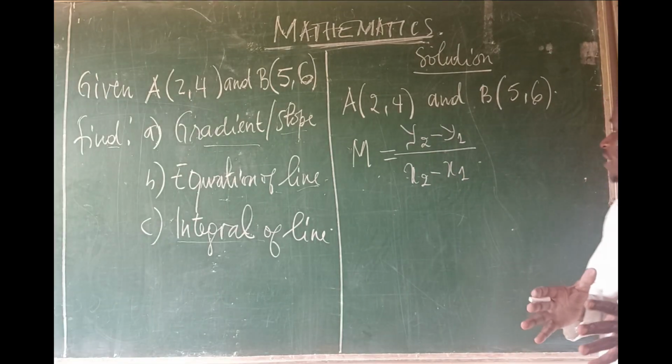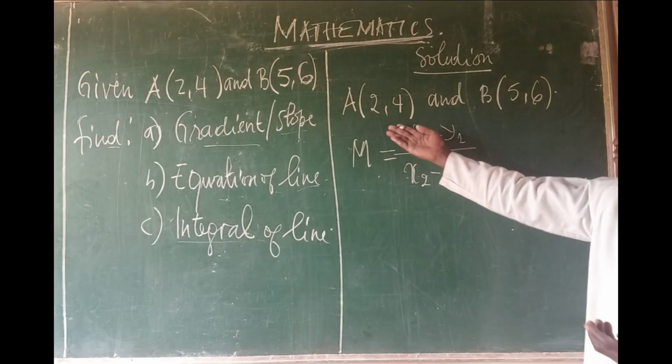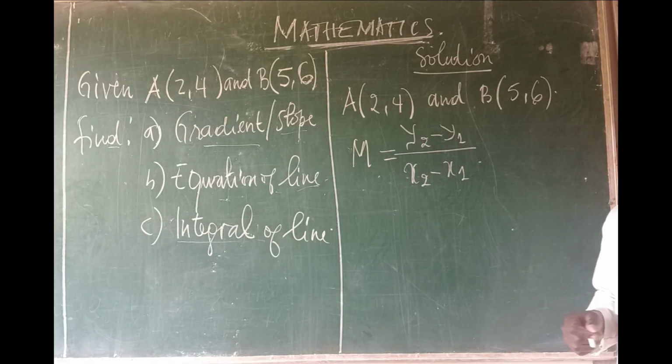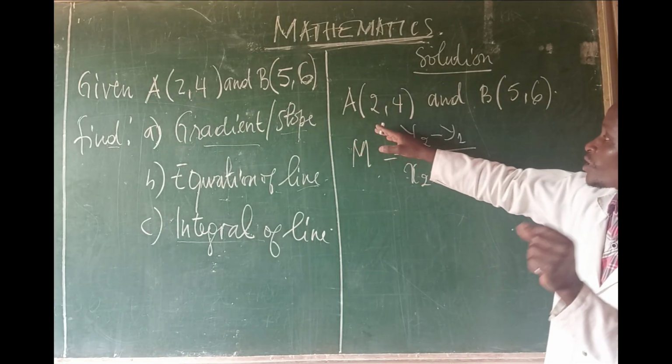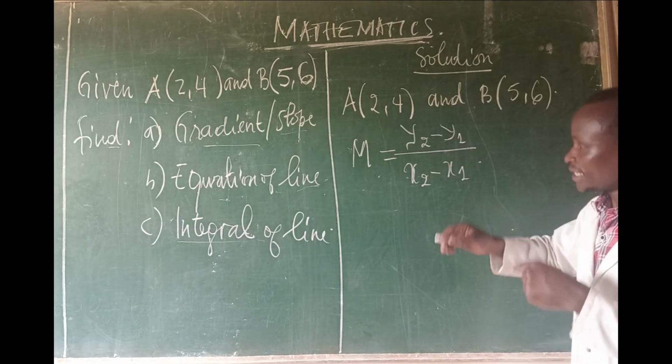Are we together? Now, in our given points, I have given 2 points. Where should we find x1, y1, x2 and y2? The first point, A, is where we find x1 and y1.